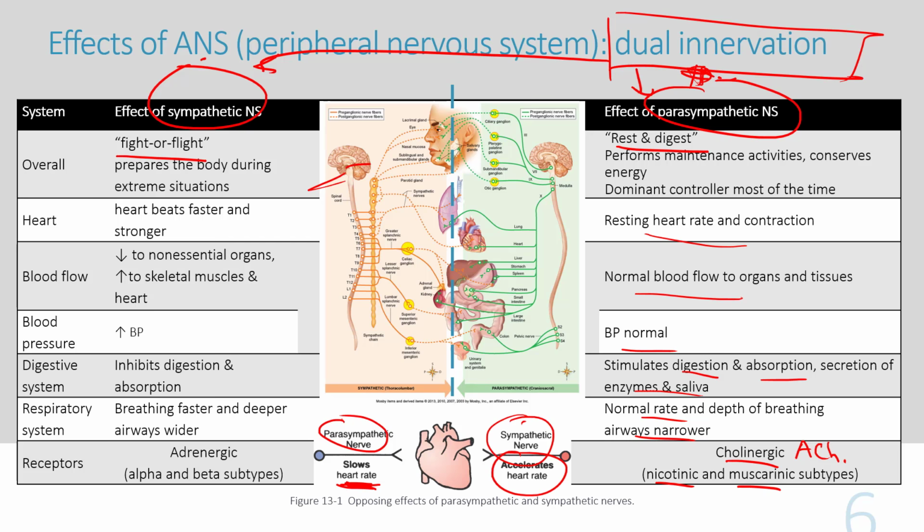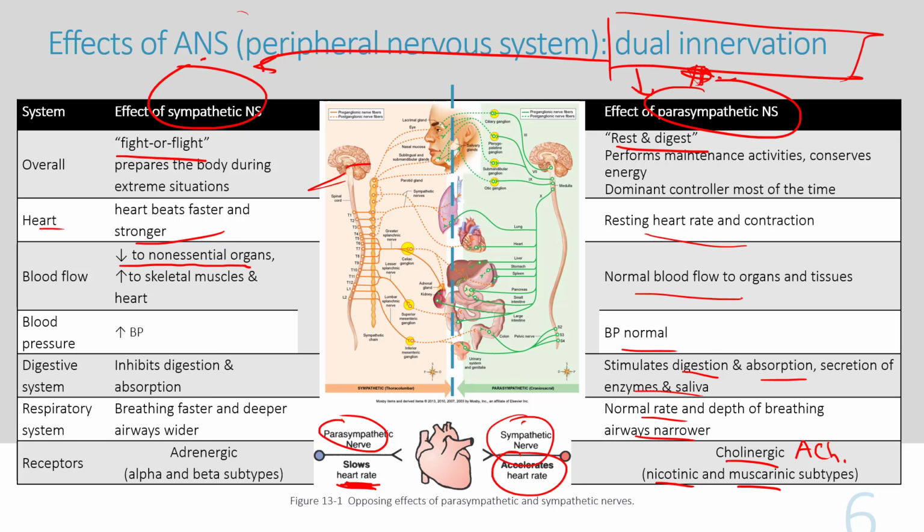So let's look briefly at the effects of the sympathetic nervous system. You can see over here the heart beats faster and stronger to try to get more blood out to the muscles and essential organs that are needed to run away and make decisions. Blood flow to non-essential organs, mainly the digestive tract, shuts down.